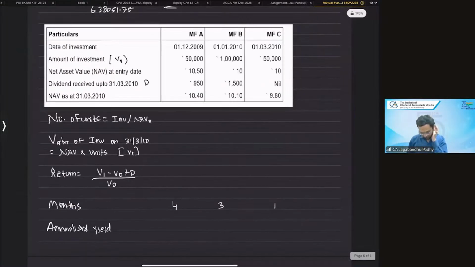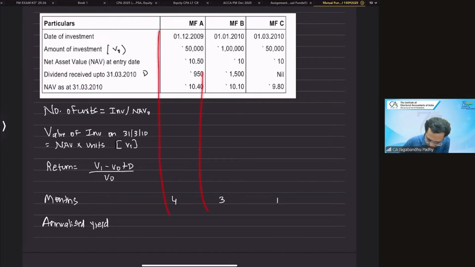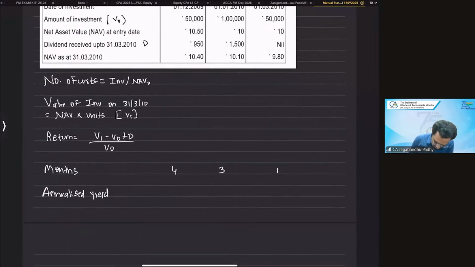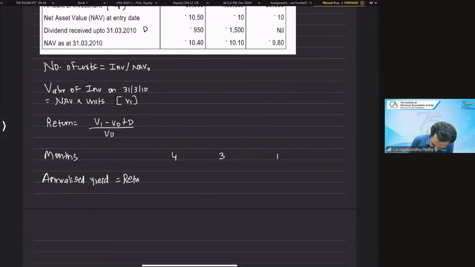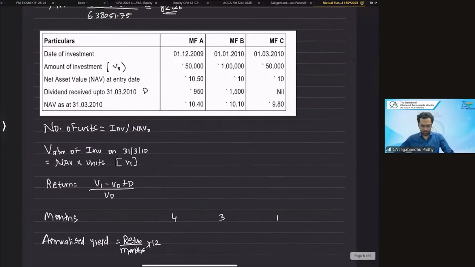Can you solve this table, guys? It's just like a full-fledged combination of this, right? So annualized yield will be simply return divided by months into 12. Just calculate this, guys, quickly.